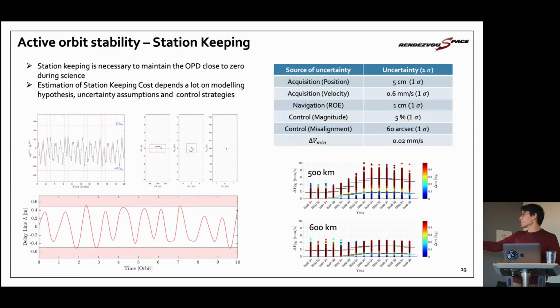Here you can see a projection over the next 10 years of what the solar flux is expected to be. And as you can see, we have peaks in the cost of station keeping whenever we are flying during the solar maximum, essentially. And obviously, the altitude at which we are operating can change the cost of station keeping. So all of these are currently trade-off parameters that we are investigating and consolidating.